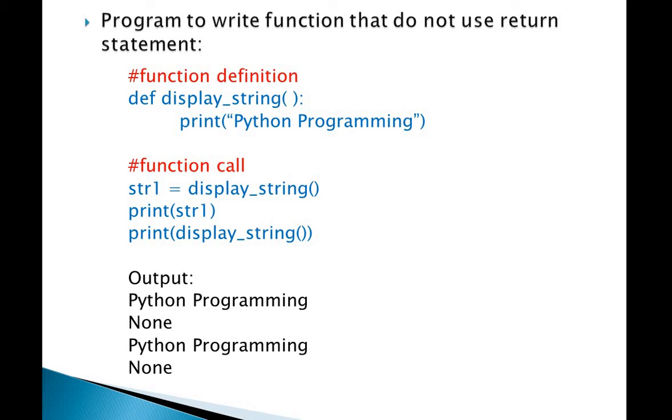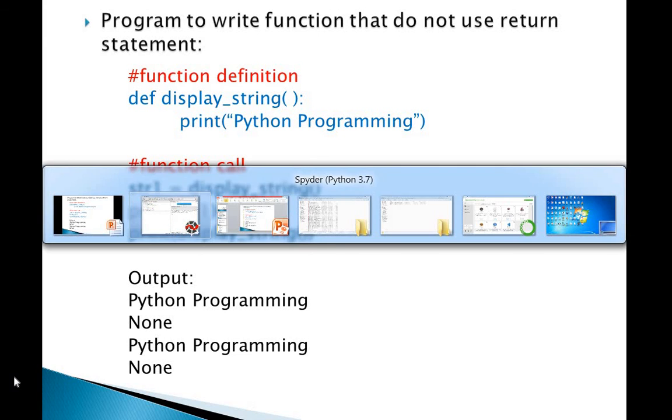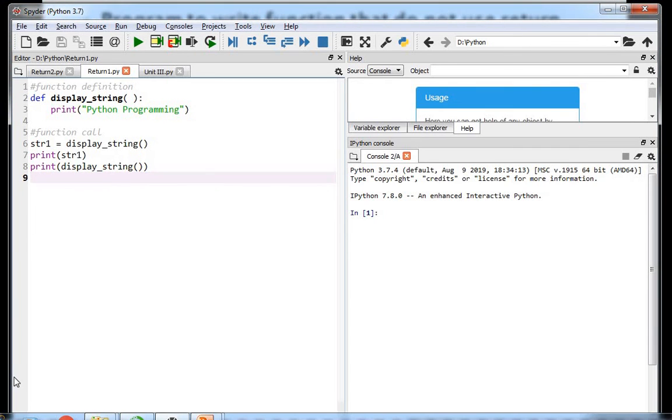We will see this using Spyder editor. Already it is defined function mentioned here. Function definition, the name of the function display string. At line number 6 we have first call, and at line number 8 we have second call to the same function display string.